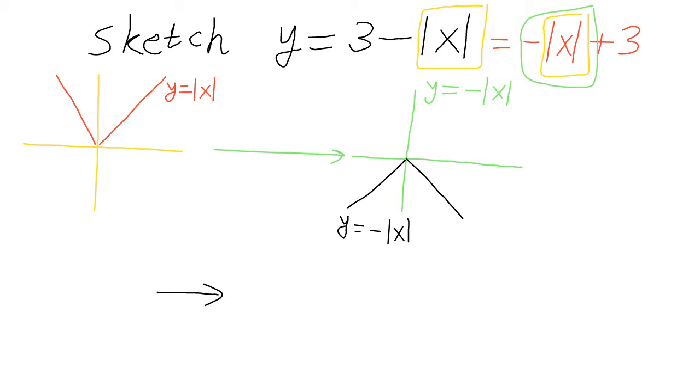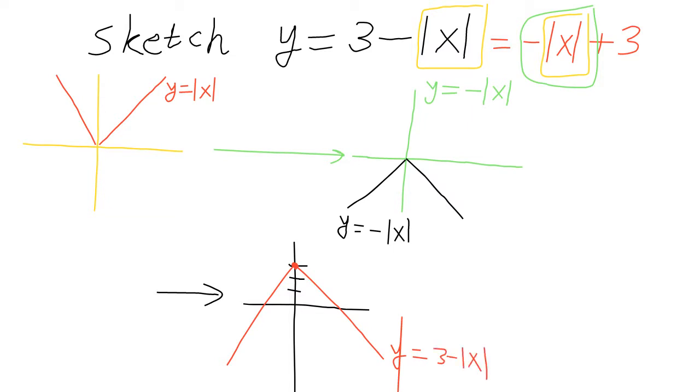Outside the resulting function, so I need to pull this graph 3 units up. So this is y equal to 3 minus absolute value of x, or minus absolute value of x plus 3.